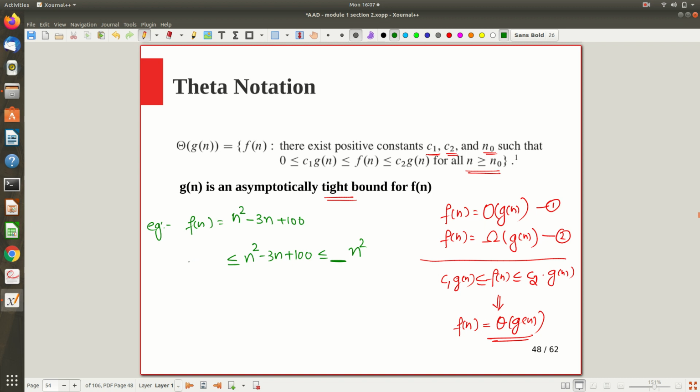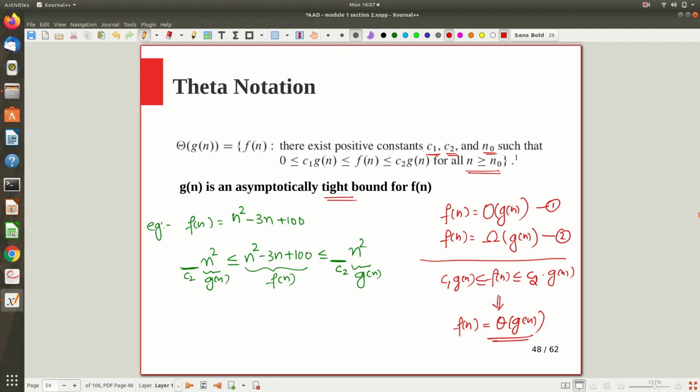This is my f of n and this is my g of n. Now what I need is a constant value here and another constant value here. So can you tell me what these constants are? Finding the constants is the only effort you have.